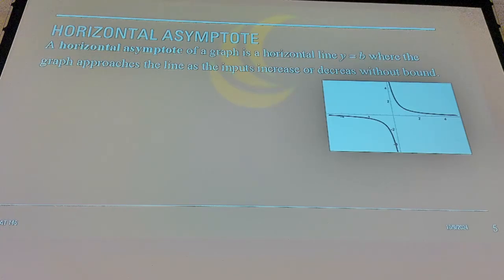A horizontal asymptote of a graph is a horizontal line y equals b, where the graph approaches the line as the inputs increase or decrease without bound.